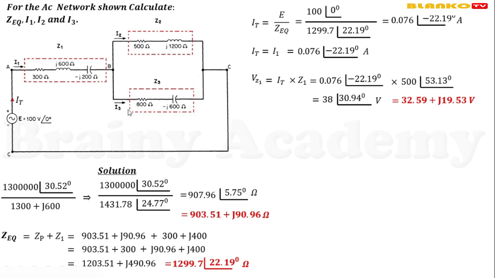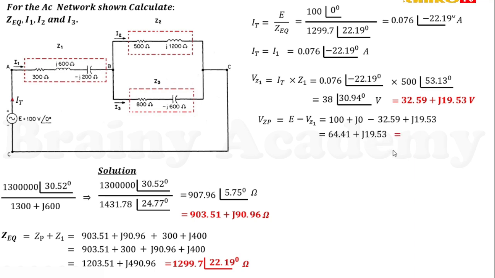Now VZP, the voltage across the parallel network, is equal to E minus VZ1, the supply voltage minus the voltage across Z1. So we have 100 plus j0, the supply voltage E, minus 32.59 plus j19.53, and that is going to be 64.41 plus j19.53.